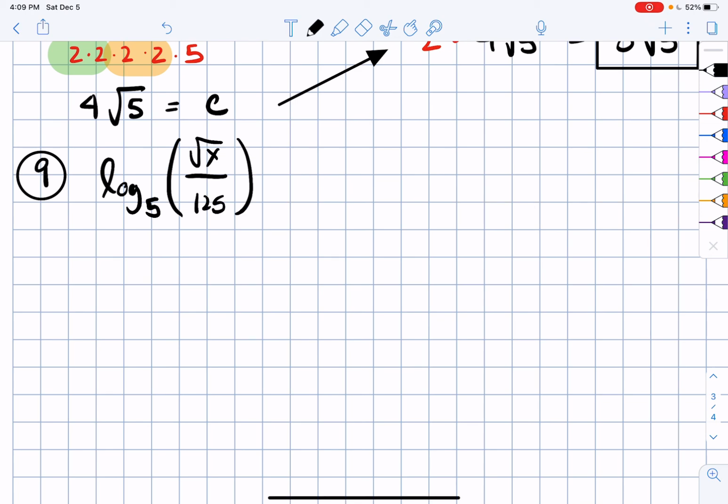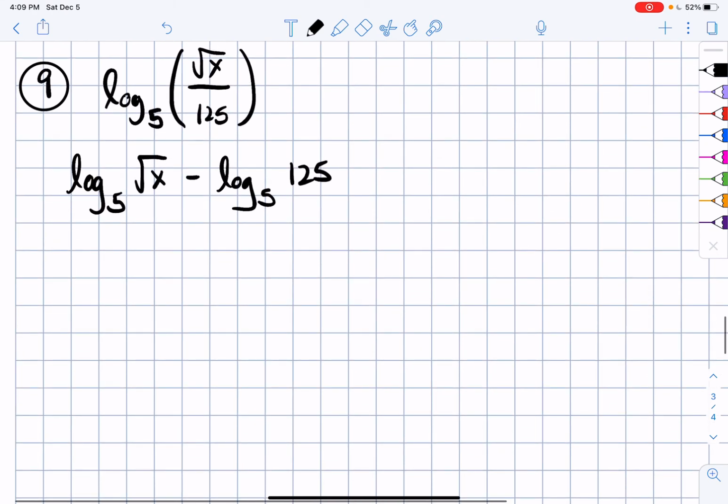Okay, so I have the quotient rule. So what this is going to break down to is log base 5 of square root of x minus log base 5 of 125. Right? So I need to make things into powers. And since this is log base 5, I can make 125 a base of 5 as well.